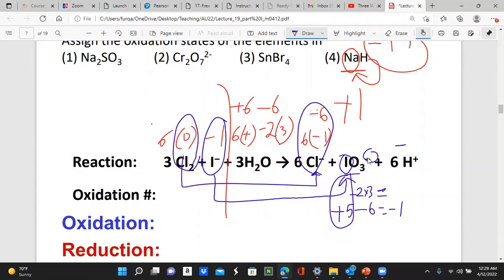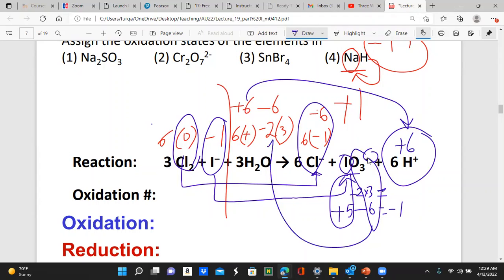This is exactly +6 oxidation state for hydrogen. So nothing happened for the hydrogen, +6 to +6, and oxygen here is -6 to -6. Nothing happened on oxygen, nothing happened on hydrogen. What happened? So we are looking at the reduction and oxidation. Again, do not forget that, right? So where is oxidation happening and where is reduction happening? That's our task here. We have to figure that out.